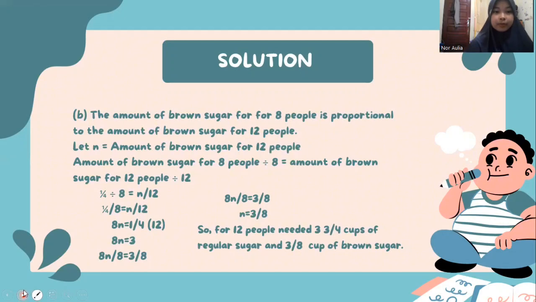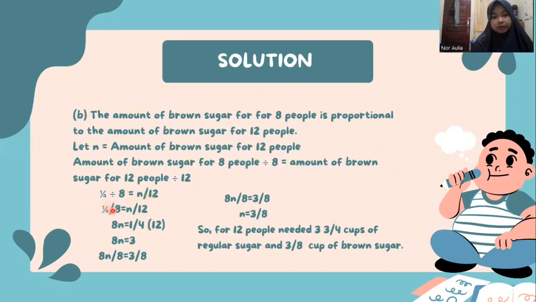And for the brown sugar, the amount for 8 people is proportional to the amount for 12 people. Let n equal the amount of brown sugar for 12 people. Amount for 8 people divided by 8 equals amount for 12 people divided by 12.